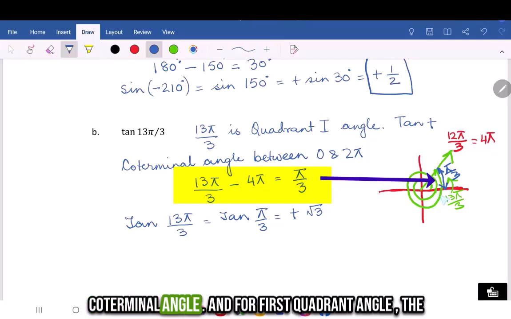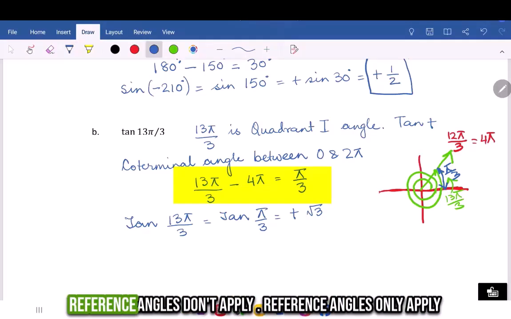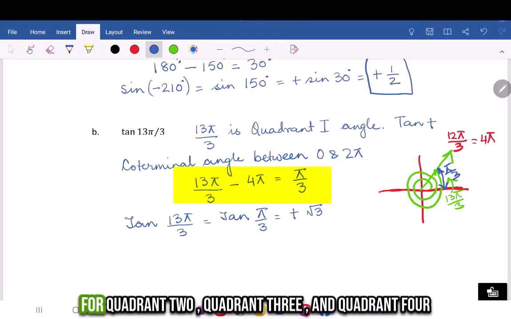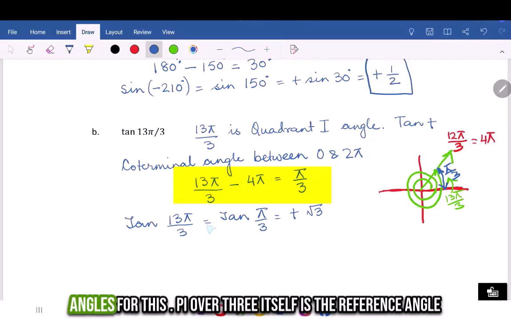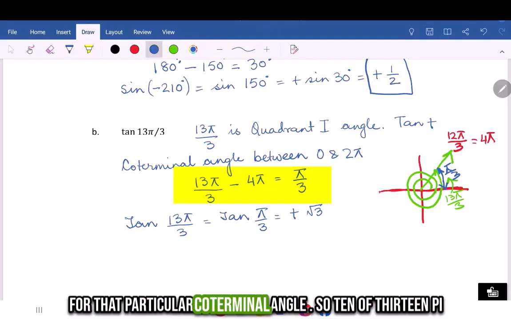That's a coterminal angle. And for first quadrant angles, the reference angles don't apply. Reference angles only apply for quadrant 2, quadrant 3, and quadrant 4 angles. Therefore, we don't have to worry about reference angles for this. Pi over 3 itself is the reference angle for that particular coterminal angle.